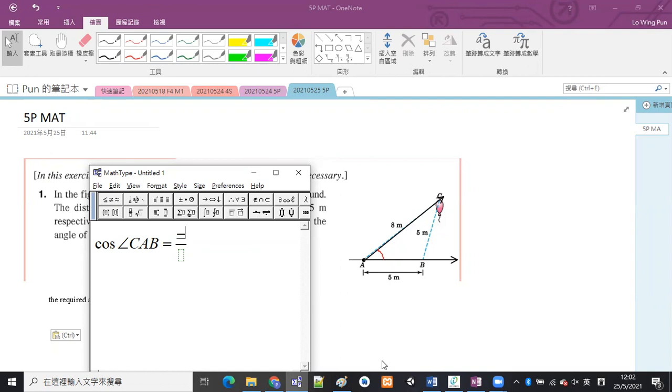Yes, because this is the required angle. This angle is looking at the 5. So it should be minus 5 squared. And then the other two will be positive terms. 8 squared plus also 5 squared, right? Okay, and then divided by 2 times 5 times 8. And then you just use the calculator here.